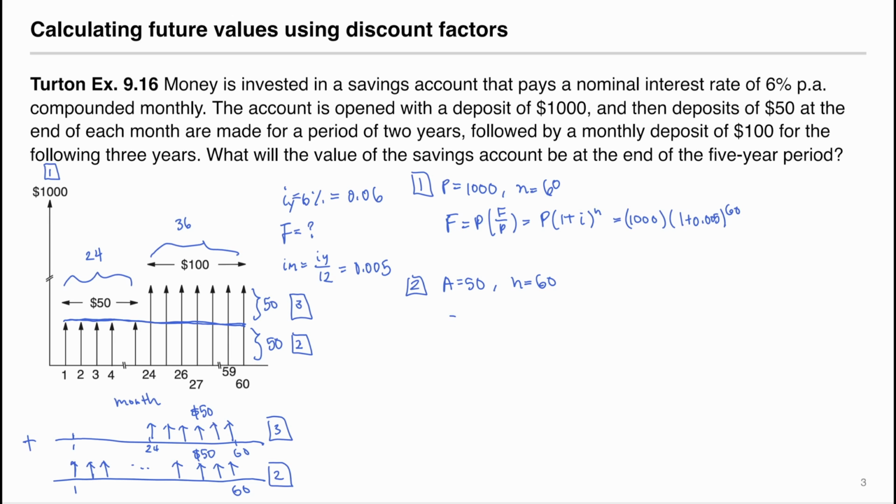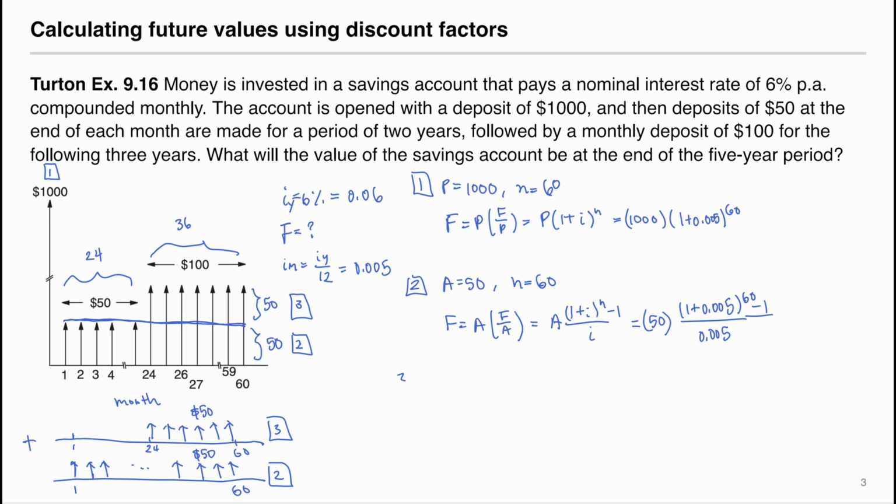So the future value is equal to annuity times its discount factor, F over A. And from the table, A times F over A equals ((1 plus I)^n minus 1) divided by I. And this can be plugged in, which is 50 times ((1 plus 0.5%)^60 minus 1) divided by the monthly interest rate.